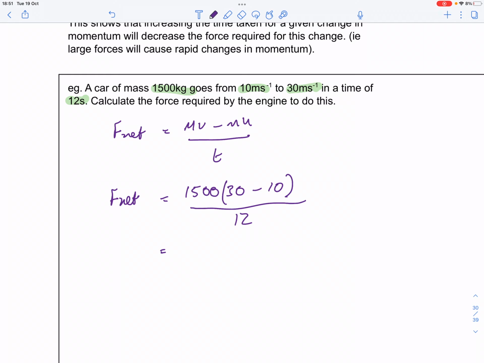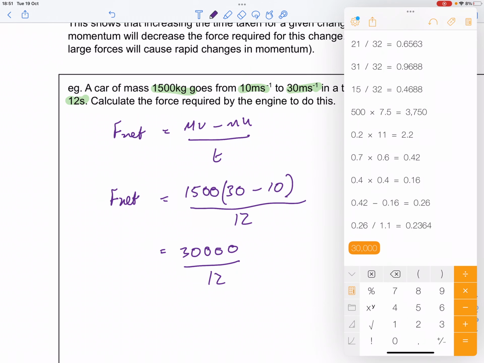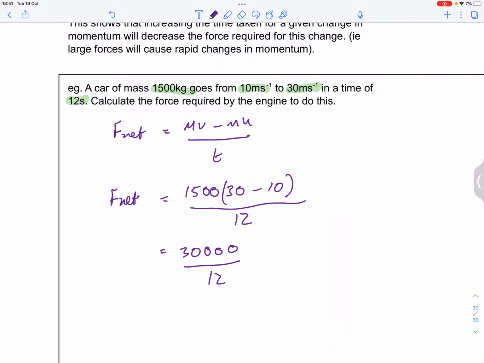So we have 1500 multiplied by 20, which is 30,000, divided by 12. I do that on my calculator. Divided by 12 gives us 2,500 newtons. So that represents the net force on the car. And that's basically how you use this equation.